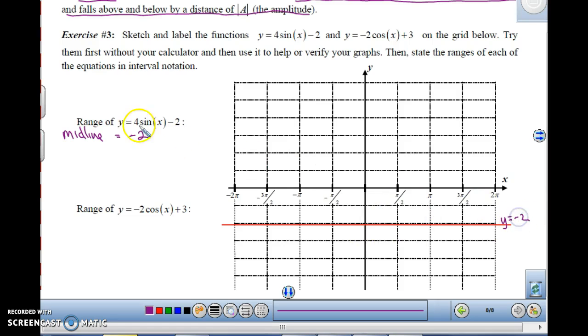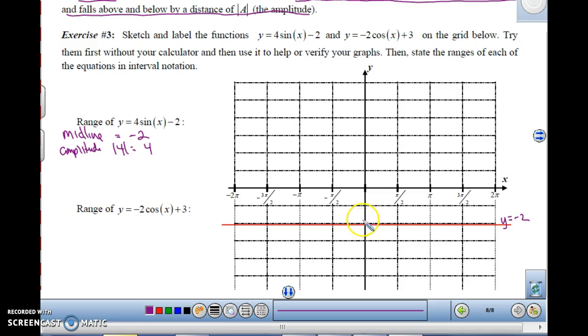Okay, now, the sine graph has an amplitude that is going to be the absolute value of 4, which is 4. So, for your sine curve, it usually starts at 0. It's going to be, from the midline, 4 units above and below that. All right, so actually, if it starts at 0, it'll be on the midline.